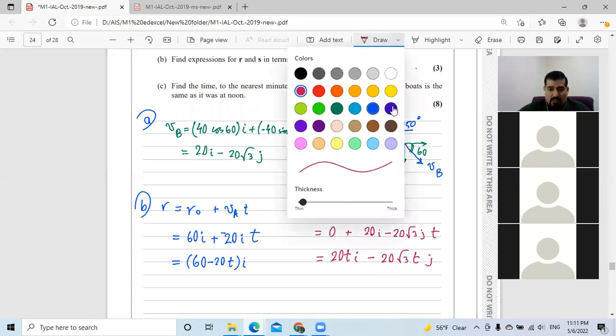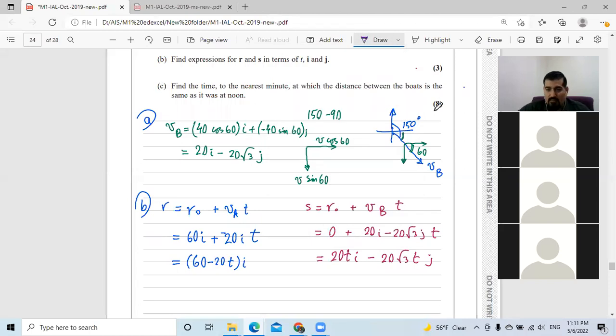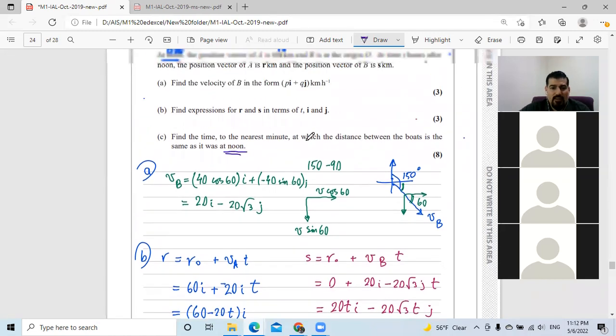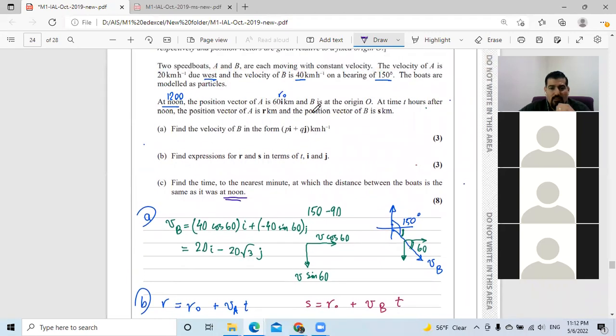Now part C, 8 marks. Find the time to the nearest minute at which the distance between the two boats is the same as when it is at noon. Here, at noon, A was at 60i kilometers, and B was at the origin.